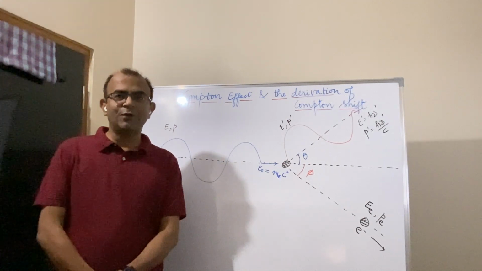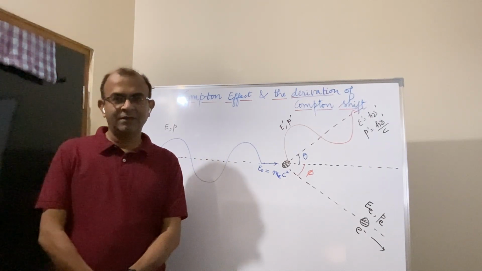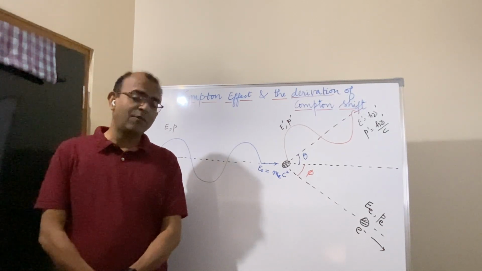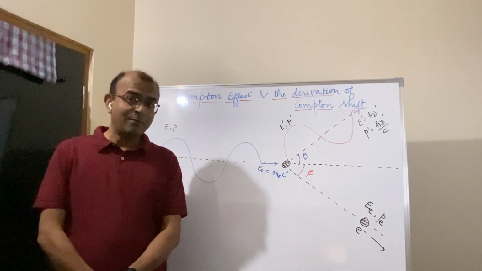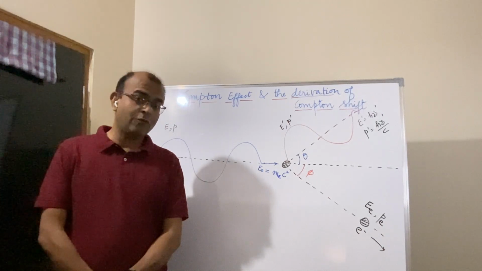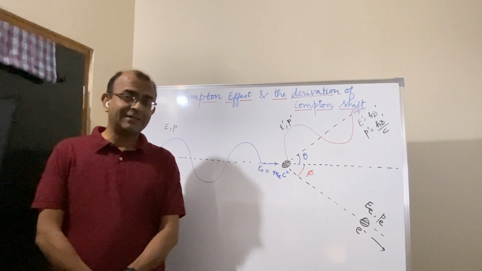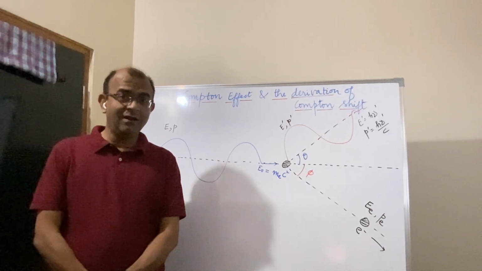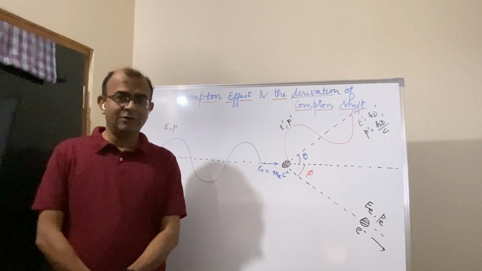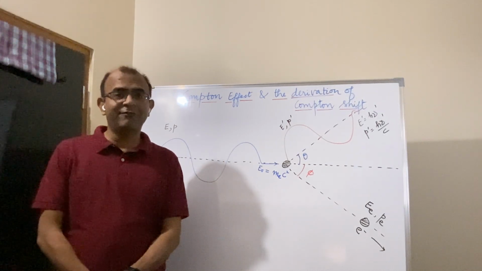The topic of this video is Compton effect and the derivation of Compton shift. What is Compton effect? Compton effect is the process by which electromagnetic radiation, generally in the form of an X-ray photon or a gamma ray photon, gets scattered by an electron in a material, thereby losing its kinetic energy to the electron and emerging out as a photon of higher wavelength.